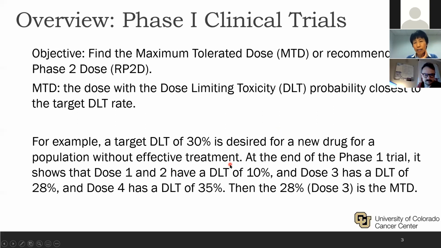It's a little bit high. At the end of the phase 1 trial, suppose dose 1 and dose 2 have a DLT rate of 10%, dose 3 has a DLT rate of 28%, and dose 4 has a DLT rate of 35%. Then dose 3, with 28%, is the MTD.